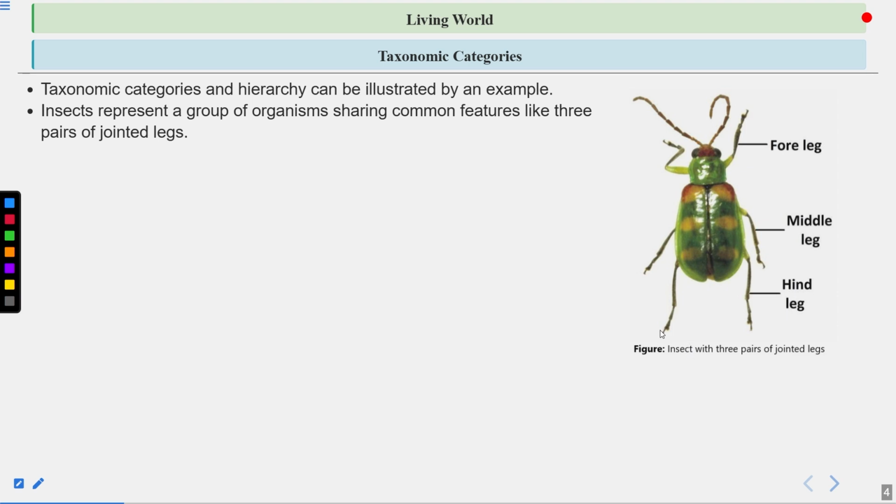Arthropoda basically means jointed appendages. So insects have 3 pair of jointed legs. One is the foreleg, then you have the middle leg, and this is the hind legs. So jointed appendages are present in the insects which belong to the phylum Arthropoda.